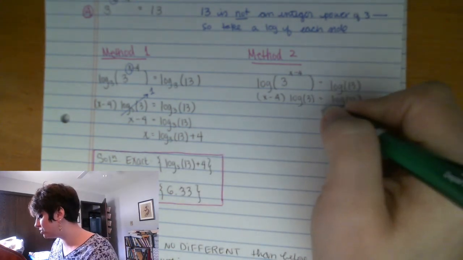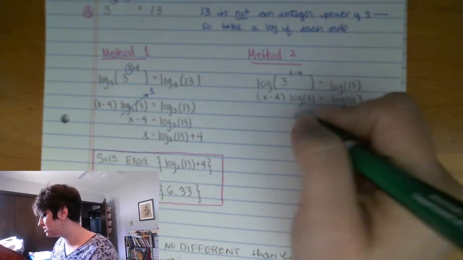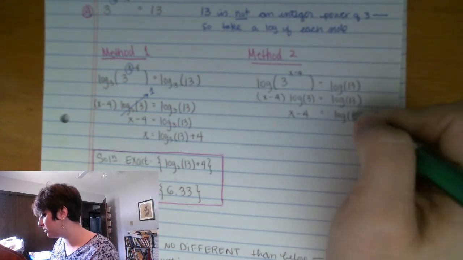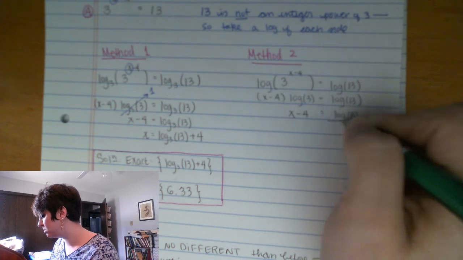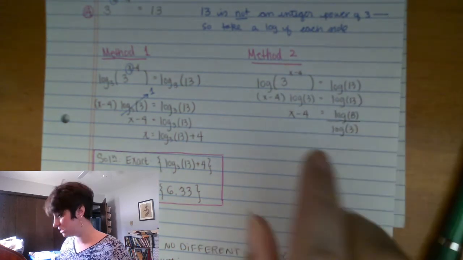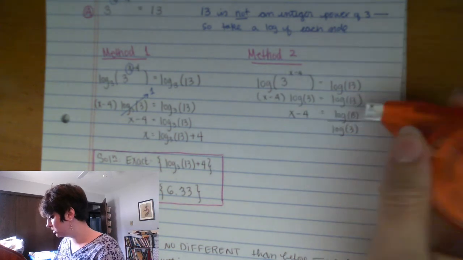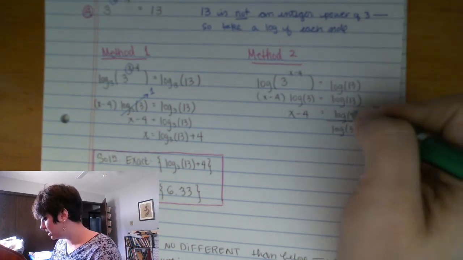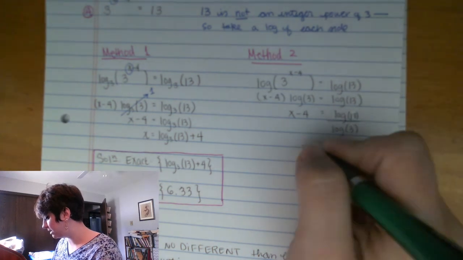So in order to isolate my x, I'm going to have to divide both sides by log of 3. That looks like a B instead of a 13. Let me fix that. There we go. Okay. Now I still get to add 4.